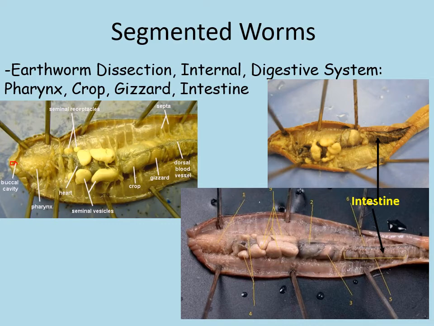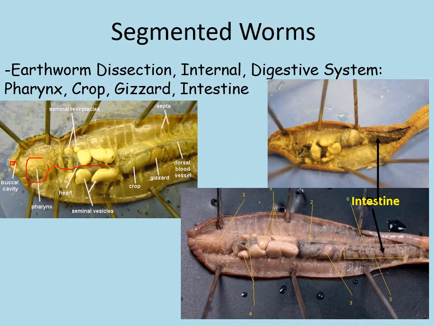After the mouth, food gets sucked into the pharynx, which is a thick muscular organ that's strong and powerful, and it uses that power to suck food into the digestive system. After the pharynx, there's a thin tube called the esophagus. It runs alongside here, but it's difficult to see, so I don't actually test on that one.